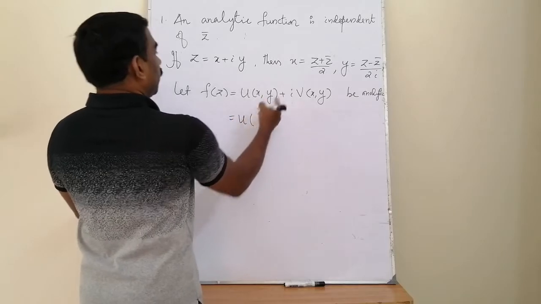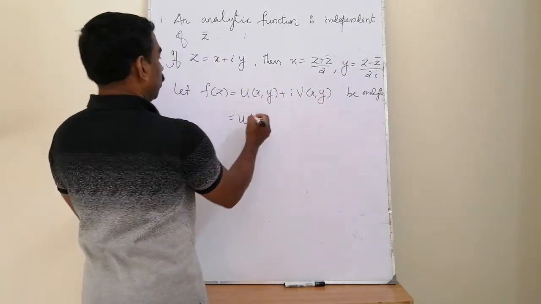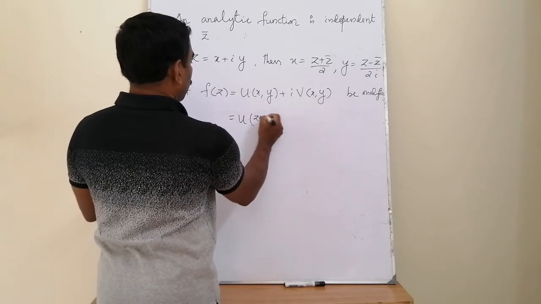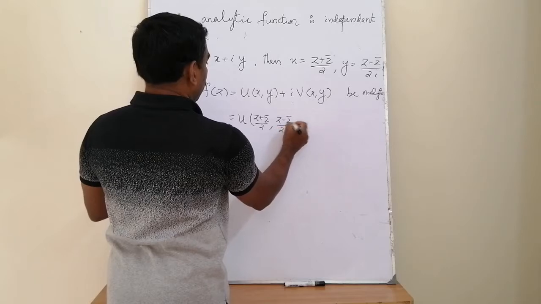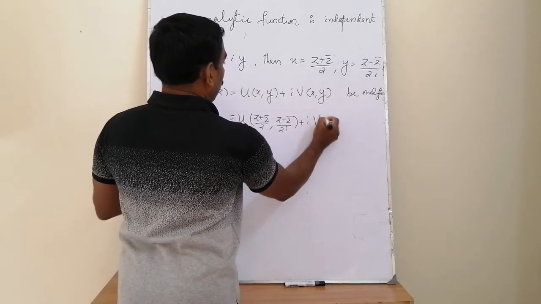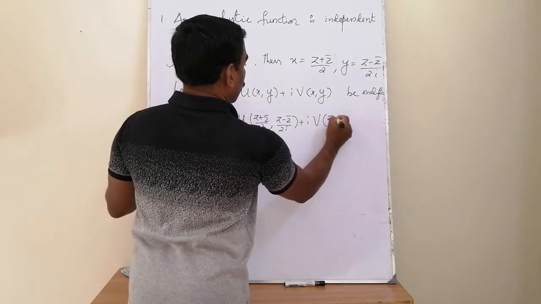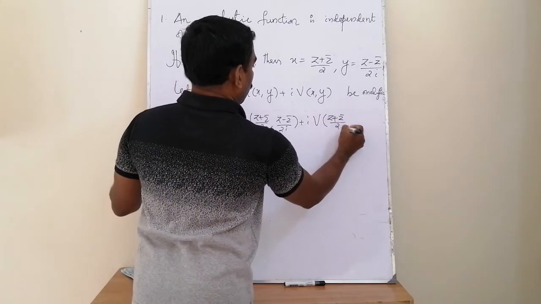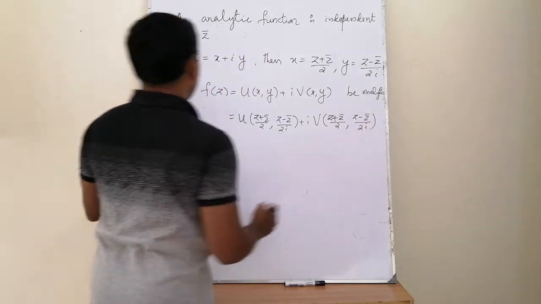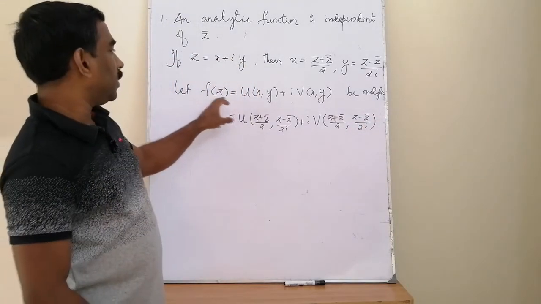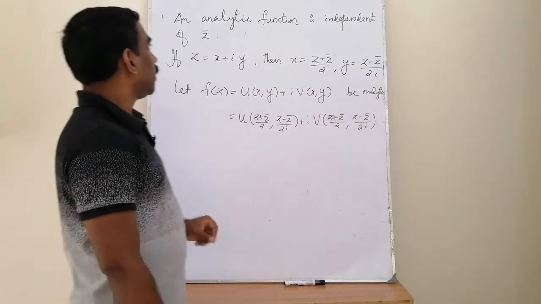Here we can replace every x and y in terms of z and z bar using this formula, that is u of (z plus z bar) by 2, (z minus z bar) divided by 2i, plus i into v of (z plus z bar) by 2, (z minus z bar) divided by 2i. That means our analytic function f can be written as a function of z and z bar.